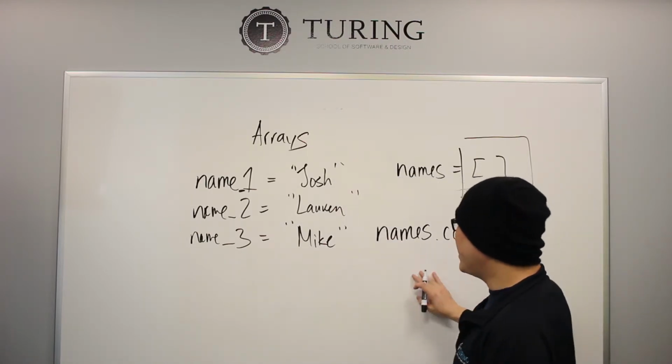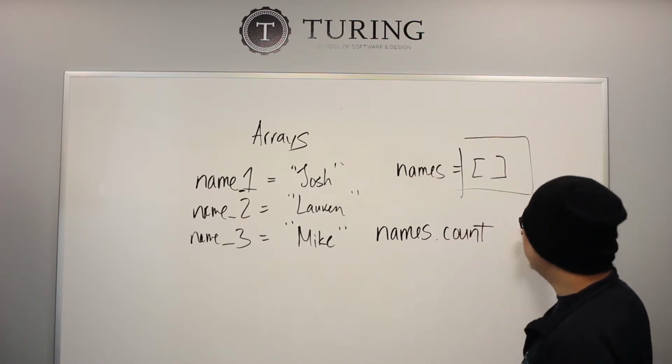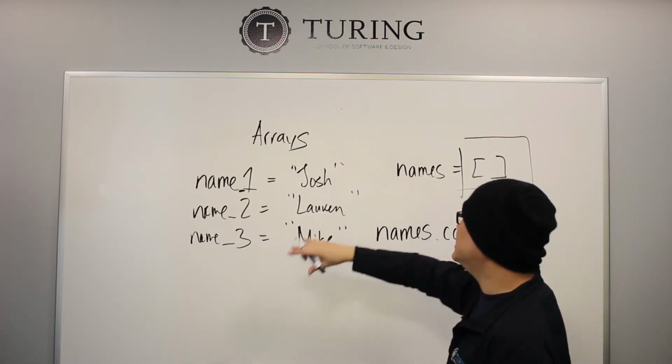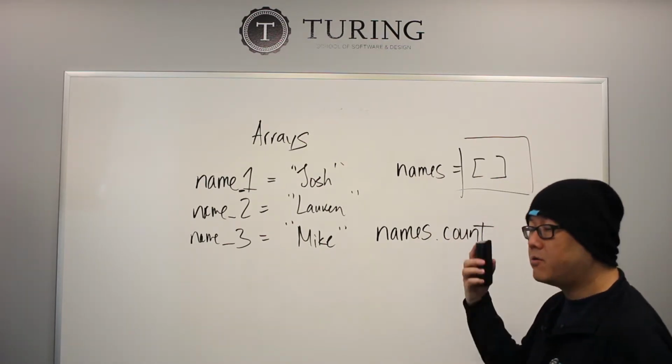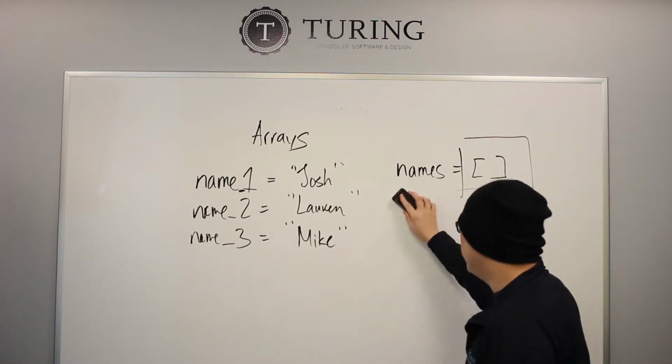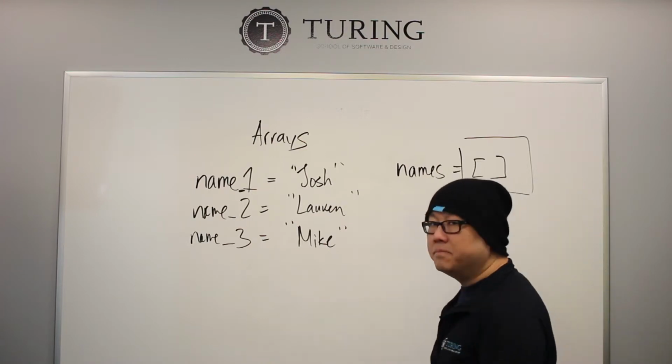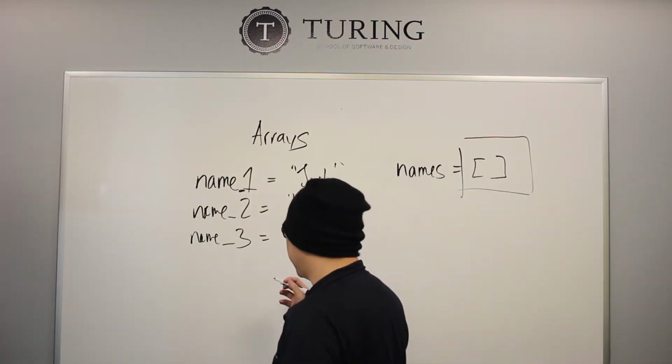So now that we have these names and we have this empty array, how do we get these names into the names array? Well, the simplest way to do that is using what we call the shovel operator.